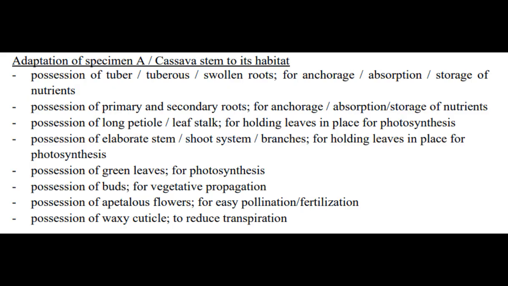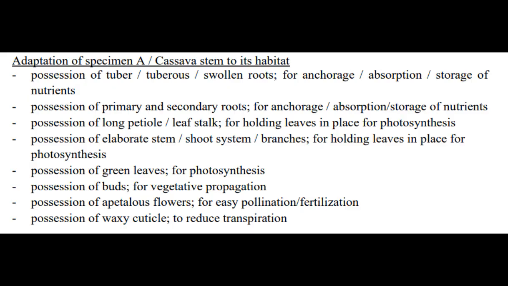Also I want to talk about this one: the presence of exoskeleton. People write "presence of exoskeleton made of chitin". You don't actually know that the exoskeleton is made of chitin, even though you know it theoretically. In practicals, they assume you can't see the chitin. You just write "presence of exoskeleton", because the exoskeleton is the one that gives it a shape.